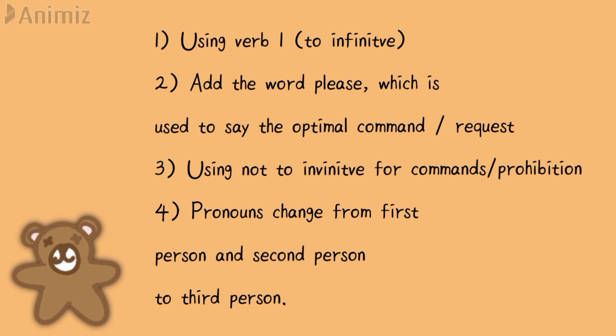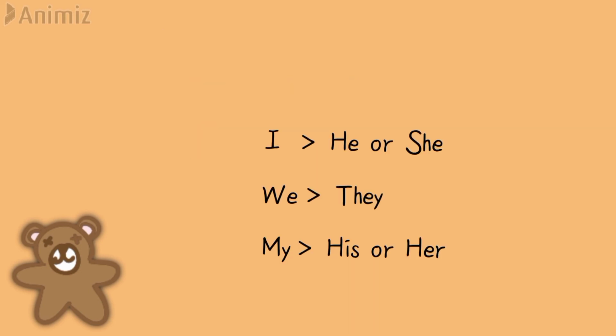The second, add the word please, which is used to say the optional command and request, using not to infinitive for prohibition. And the fourth is pronoun change from first person and second person to third person. For example, pronoun I to her or she, pronoun we to they, my to his or her.